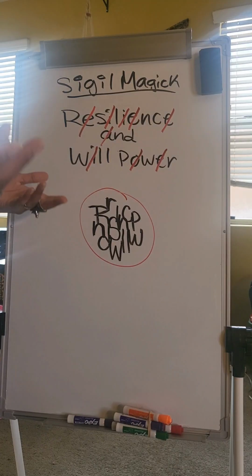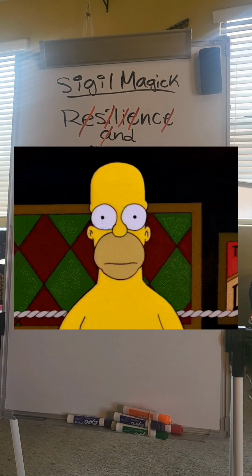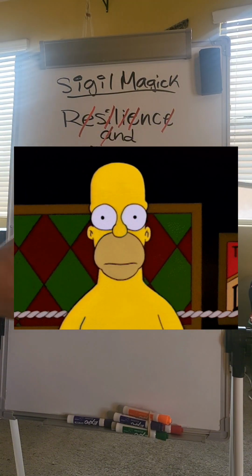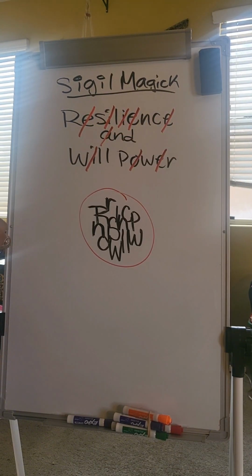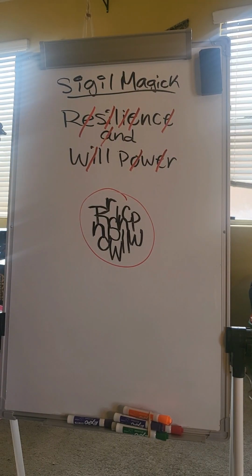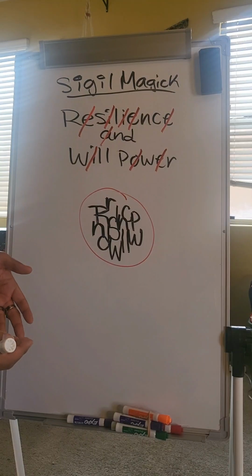So if we think of it like a boxer can get hit, can get knocked down, gets back up, moves forward, shows resilience, right? It's similar to willpower, right? Willpower is just more of a thing that you have from the beginning. So like willpower is you being able to be resilient, but you have the willpower to box in the first place, okay?